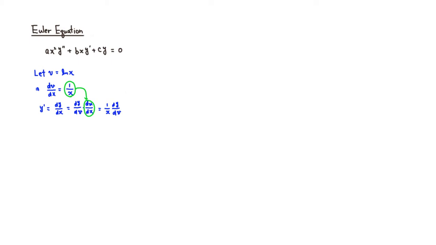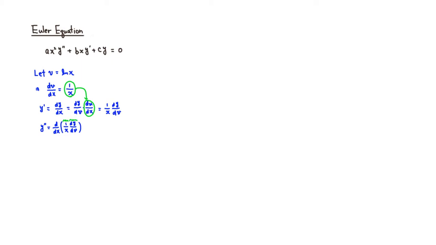So let's take another derivative. How about the y double prime? We already have y prime, so we can just take the derivative of 1 over x times dy over dv with respect to x. Since this is a product of two things, we have to use the product rule.